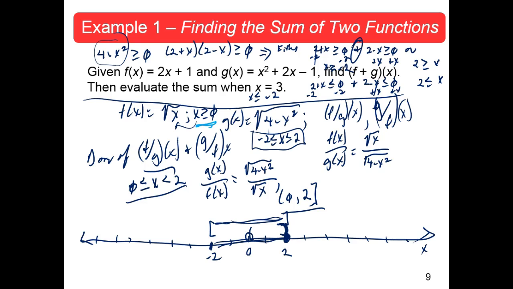So we have to restrict the domains there. And since we're dealing with these two functions, you have to limit yourself to what's common between the domains. Here's the domain of F, here's the domain of G, so you have to restrict yourself to what's common between the two.